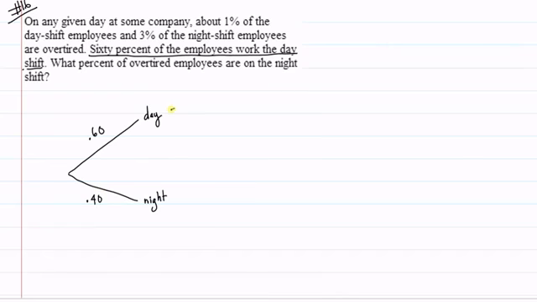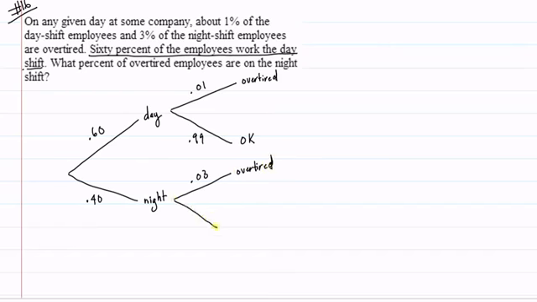Okay, now it says 1% of the day shift employees are overtired. That must mean that 0.99 are okay. Of the night shift employees, 0.03 are overtired. That suggests that 0.97 of them are okay.